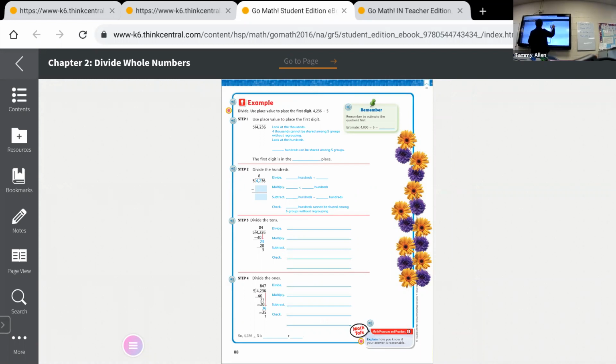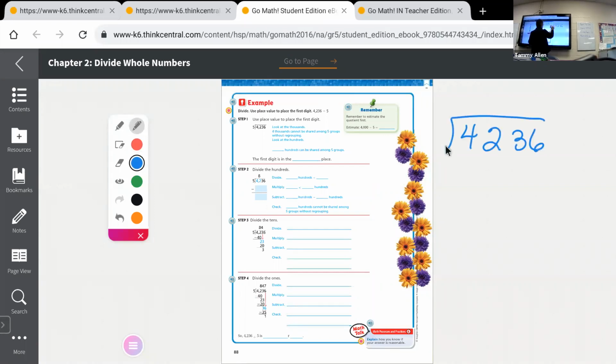I'm going to write it nice and large over here. First, we need to do an estimate. 4,236 divided by 5. Well, first we need to take a look at doing an estimate.